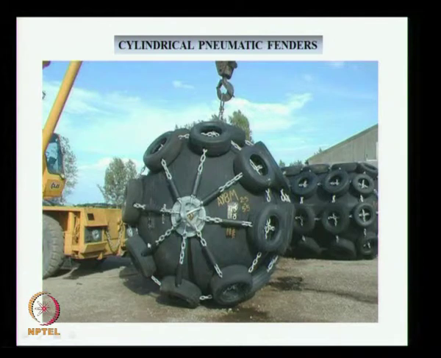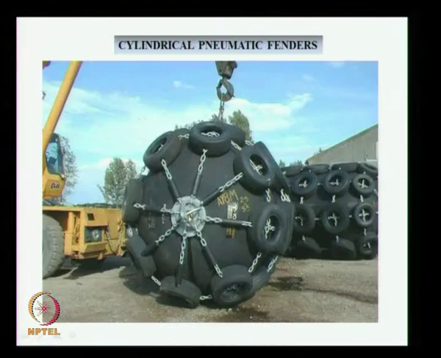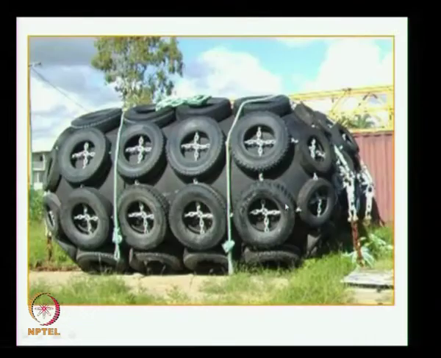This diameter will vary from 0.5 to 4.5 meter, and the length will be varying from 1 to 12 meters. This is pressurized inside. I think this fender is of diameter 2.5 meter and length 5.5 meter.